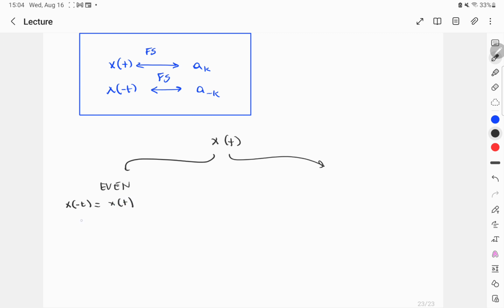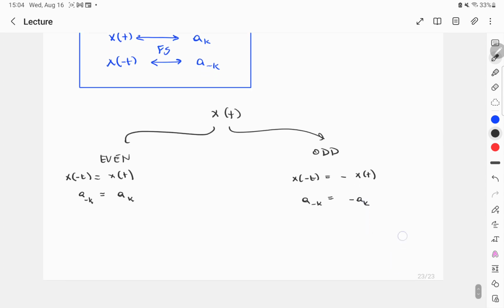Then it means that a subscript minus k equals a subscript k. Here, if x of t is odd, then x of minus t equals minus x of t. So we can say that a subscript minus k equals minus a subscript k. And this is an important property that we should keep in mind.